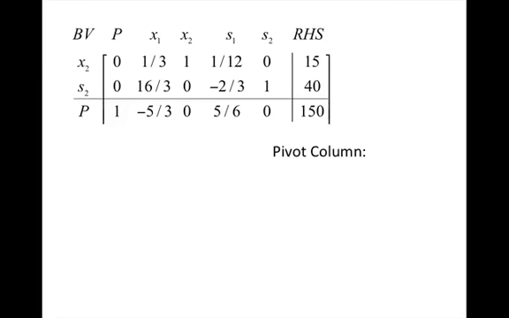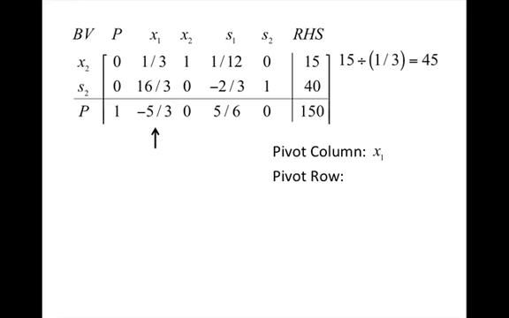The only negative value that I have is the negative 5/3, and that's in the x sub 1 column. So my pivot column is x sub 1. For my pivot row, I divide the right-hand side by the elements in the x sub 1 column.